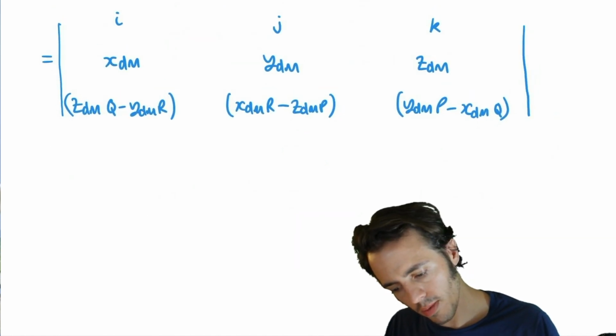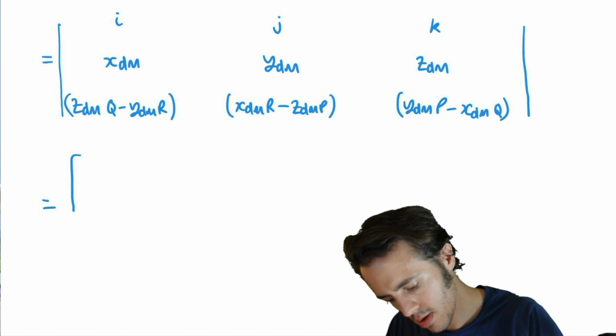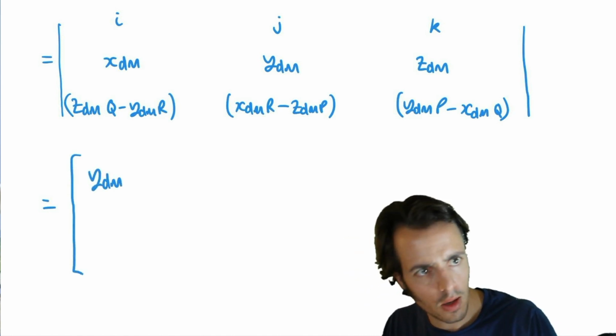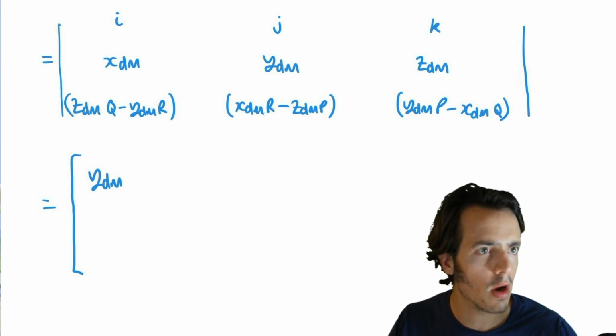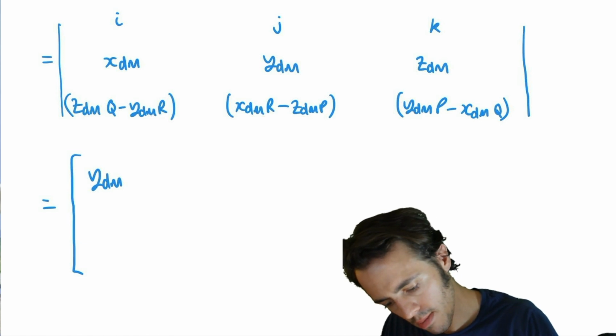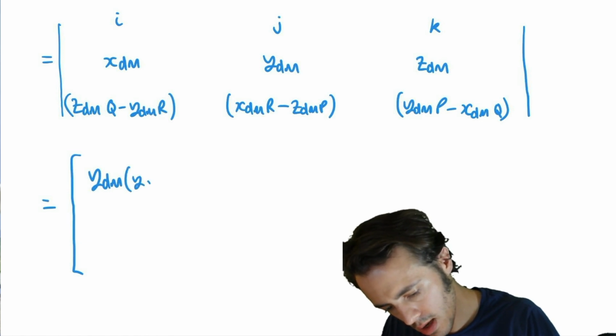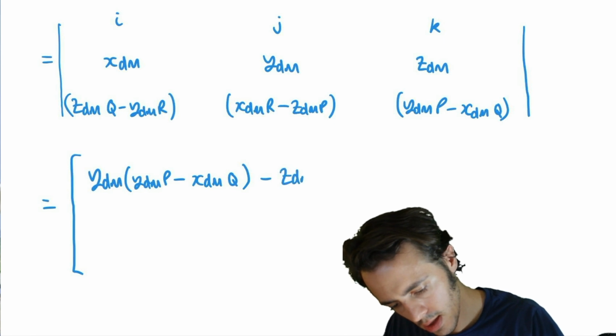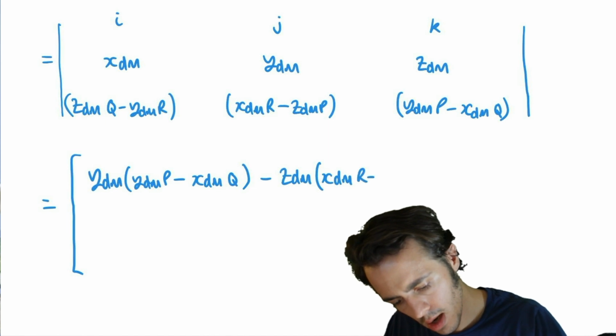Okay, so let's do the cross product. The first row is going to be y dm multiplied by y dm p minus x dm q, minus z dm multiplied by x dm r minus z dm p.